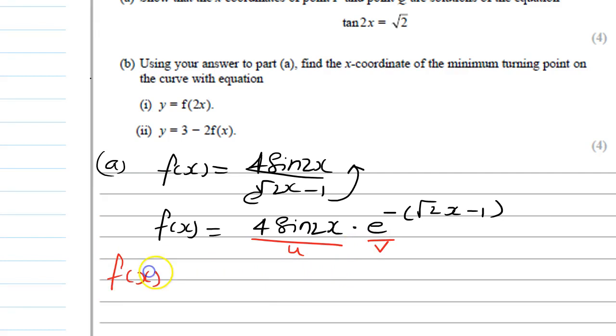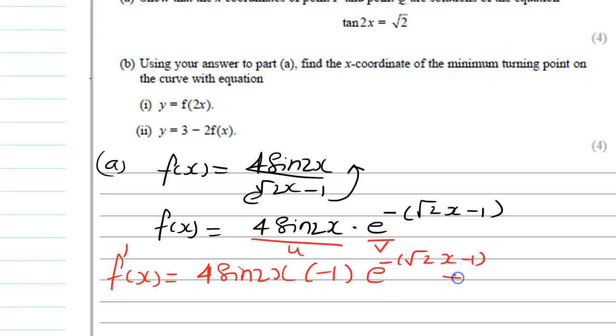So f dash x equals 4 sin 2x as it is, times the differentiation of v, so minus 1 is coming forward and it will be e to the power minus root 2 x minus 1.